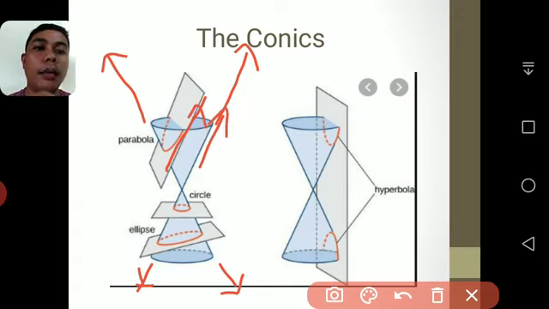So a parabola is an infinite curve, just as the naps is also infinite. So let's proceed.